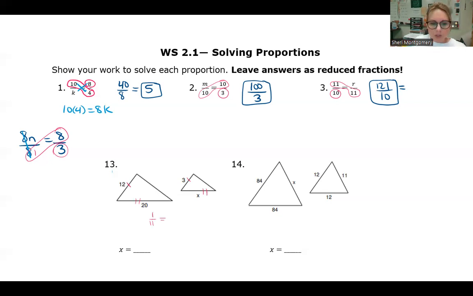So I'm gonna have 12/20, and I'm gonna set that equal to 3/X. And then it solves the same way.